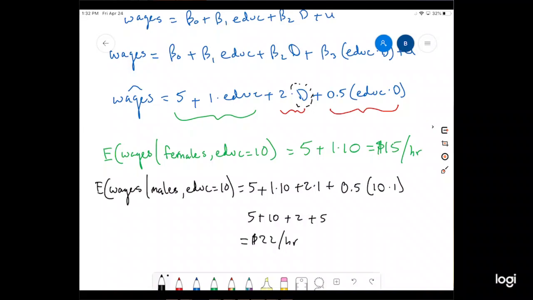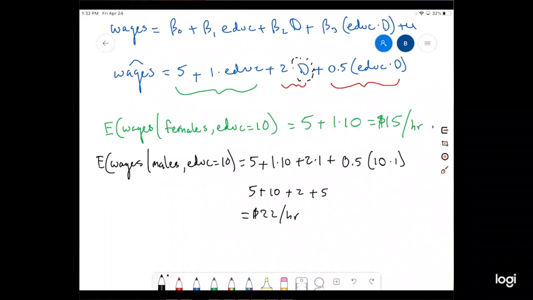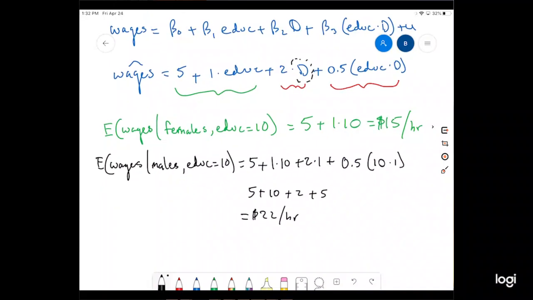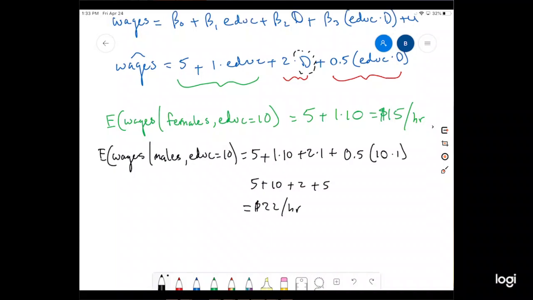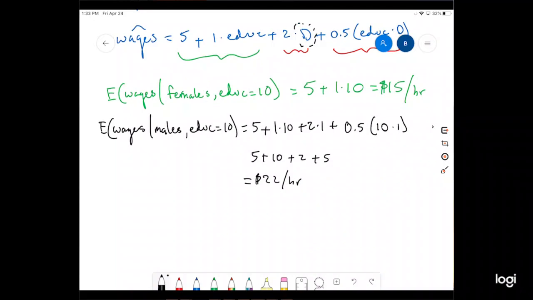Now sketch a graph of the relationship between education and wages for men and for women. This graph should have two different lines, one for men and one for women, and label the y-intercepts and the slopes. So the first thing we need to do is figure out what that regression line looks like when D is equal to 0 for females.